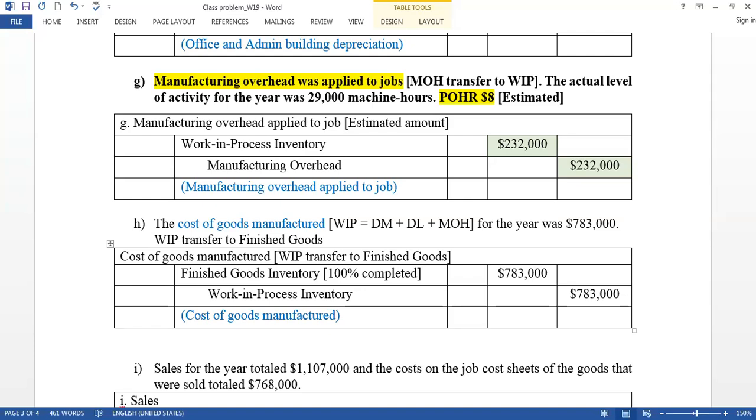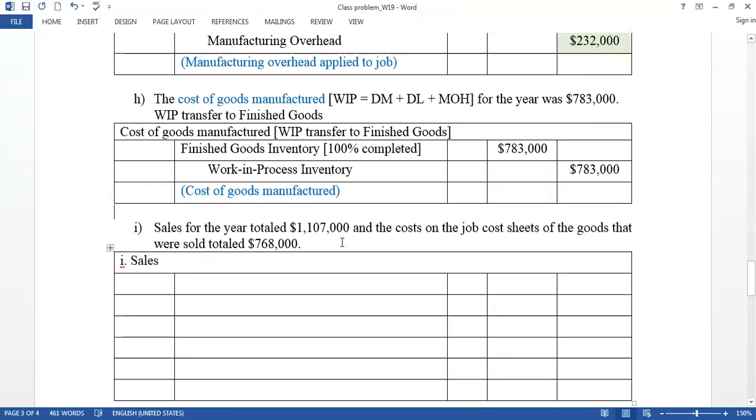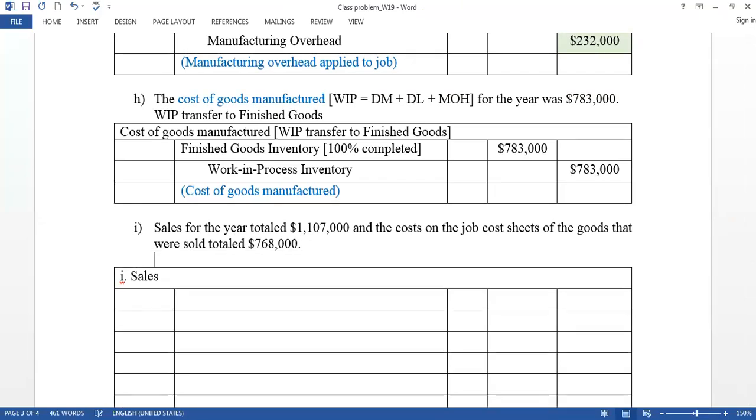When we transfer it to finished goods, it means that it is 100% completed. Now, if finished goods is 100% completed, what is the next step? What will you do with your finished goods? Sell, yeah. So we should transfer it to the sales department. Very good.